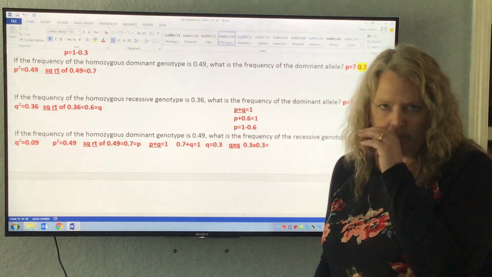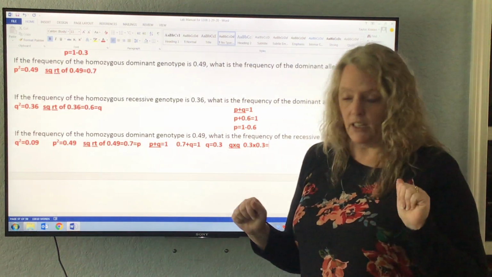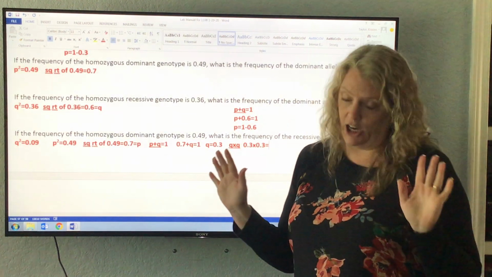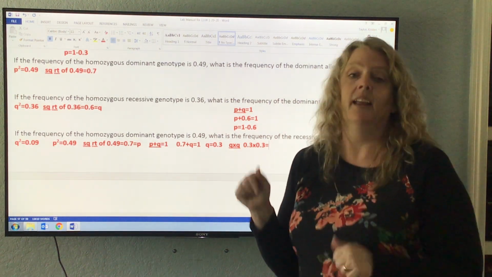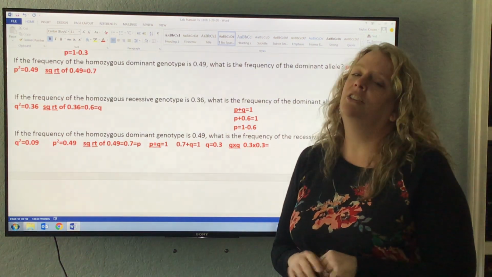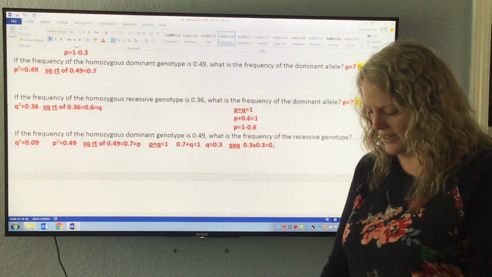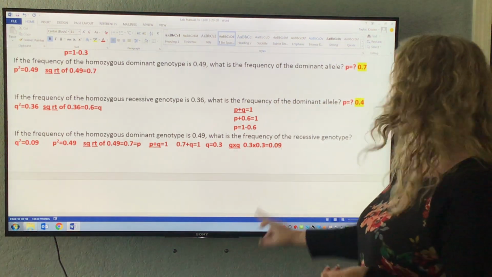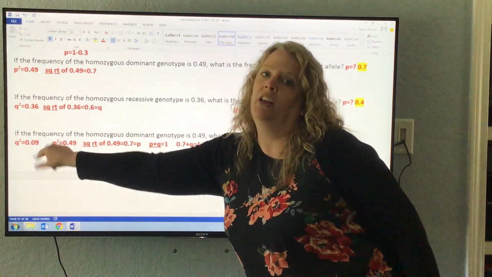My very first semester teaching this, I thought my answer was 0.9, and a young lady corrected me and said no, that's 0.09. I said I know it's not, I put it in, and she was right. So be careful with that and double check your math. 0.3 times 0.3 is actually 0.09, and that's how we got the final answer for Q squared.